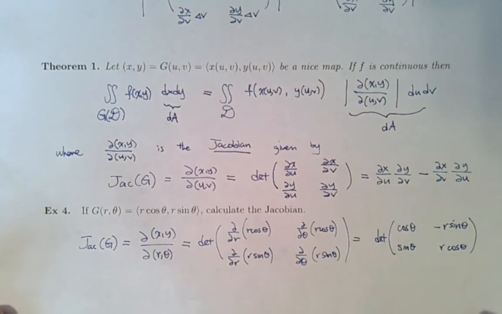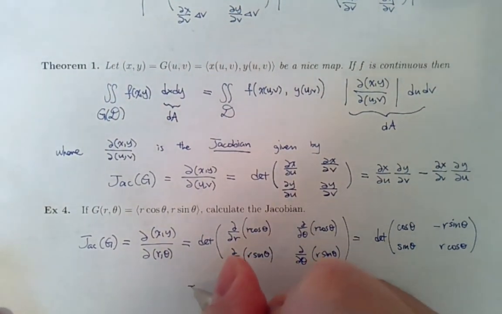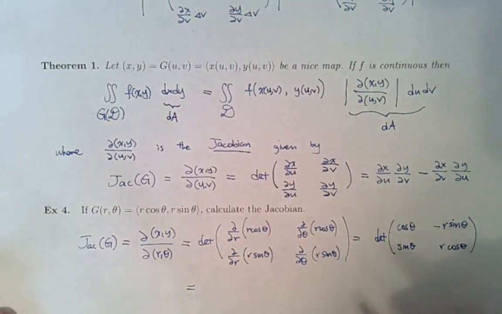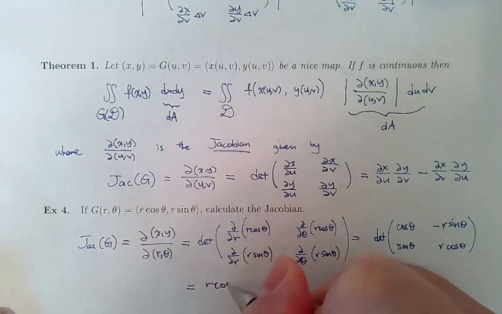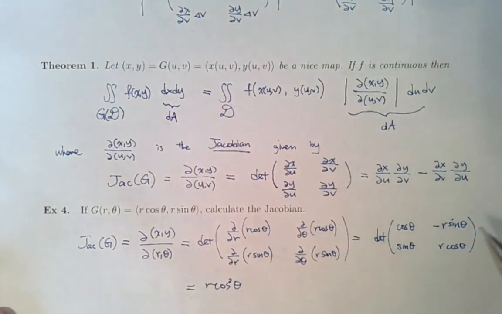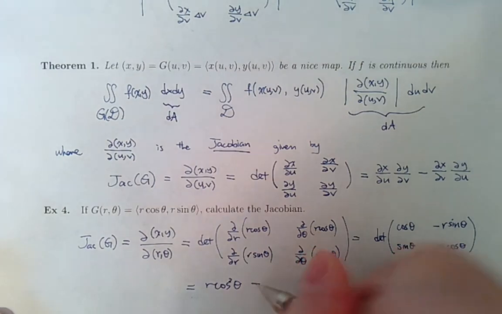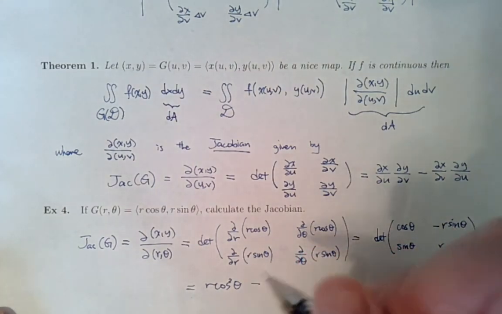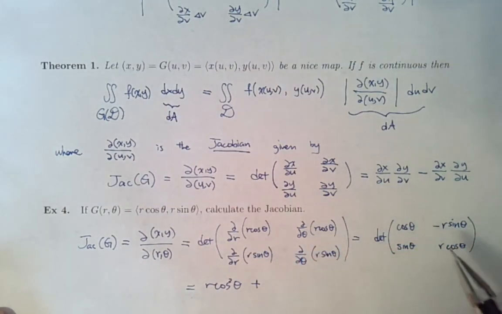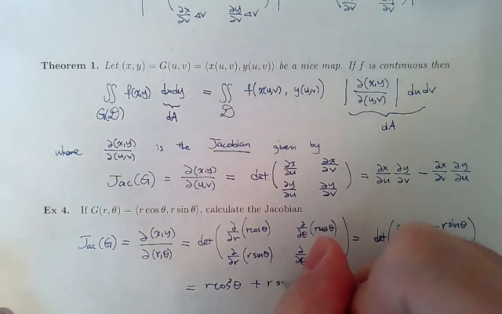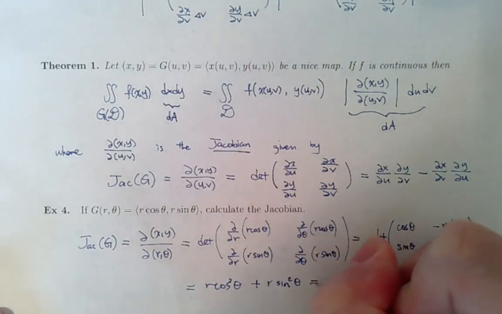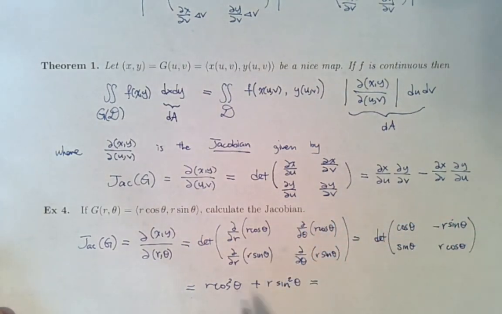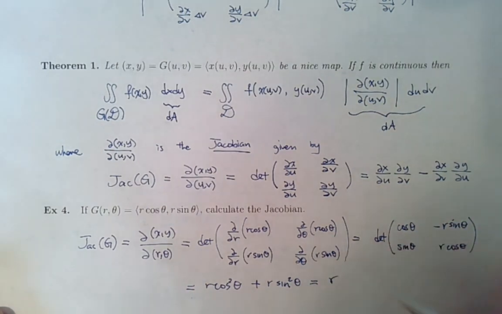That determinant is equal, so cross multiply, we get r cosine squared theta, and then minus the product, which has a negative sign in it, so plus r sine squared theta. And of course, your favorite identity gives you r.